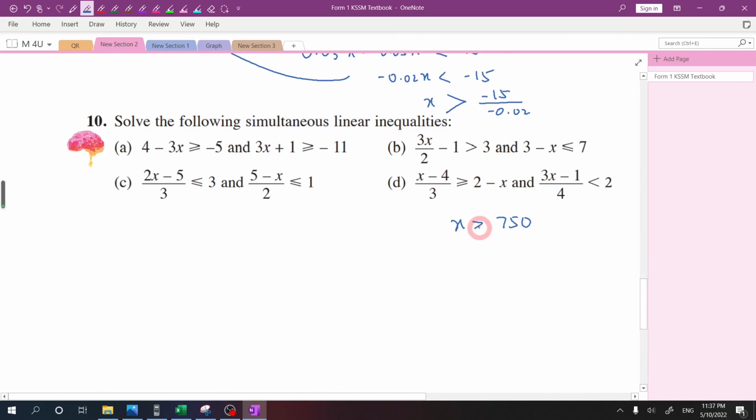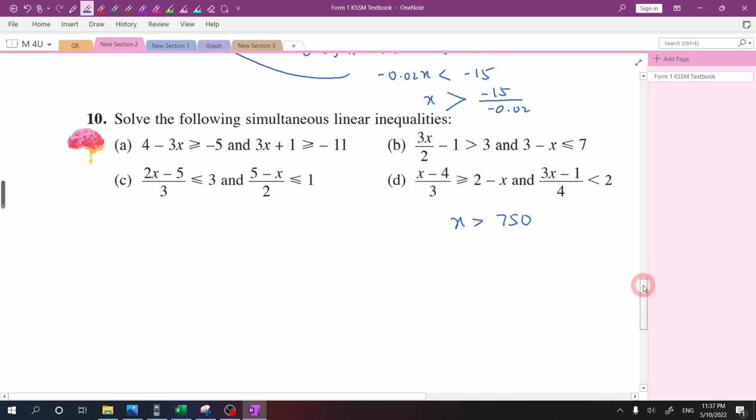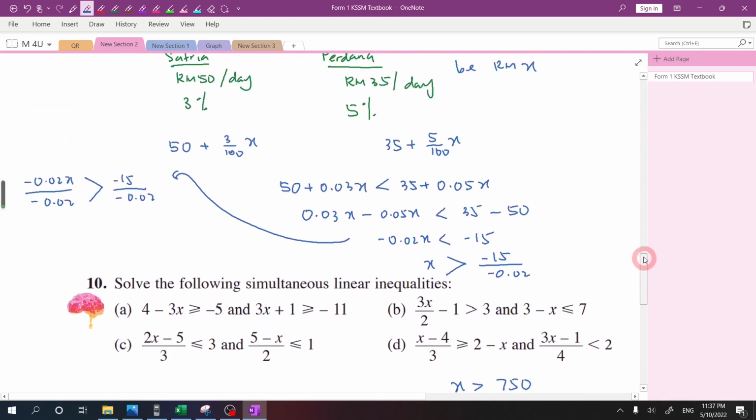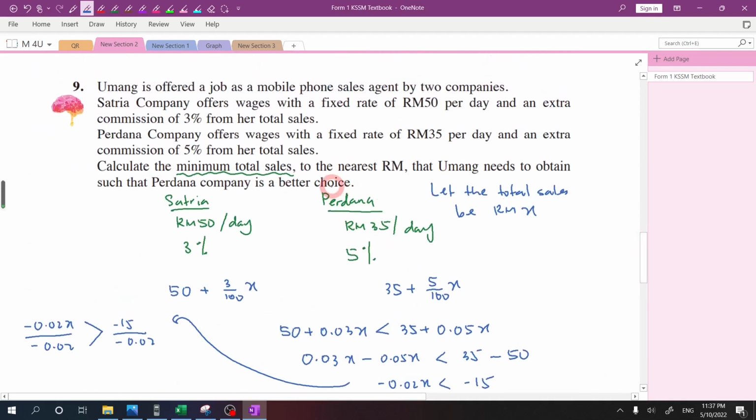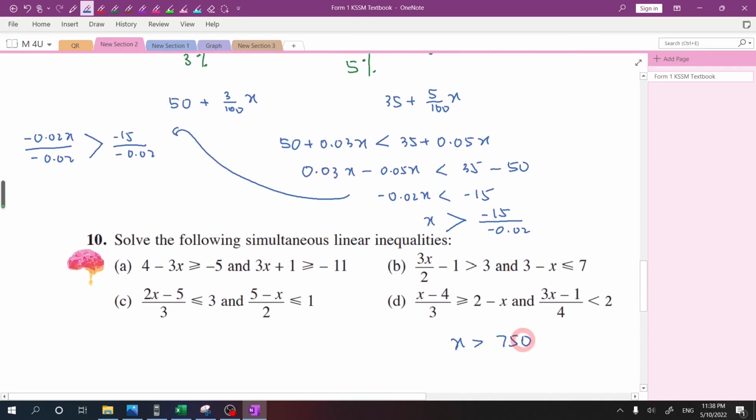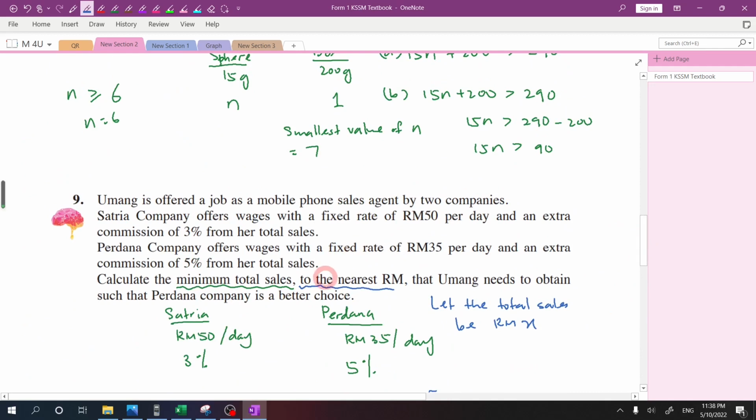You look at the sign here, it's more than, cannot equal to 750. So more than 750 ringgit. So the minimum total sale will be, we want to round off it to the nearest RM, so it will be 751 ringgit. Okay, so the minimum total sale will be 751 ringgit.